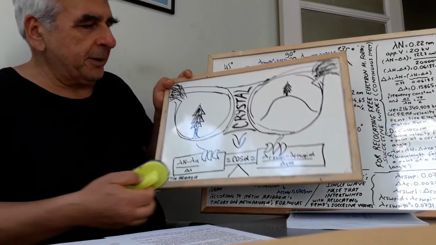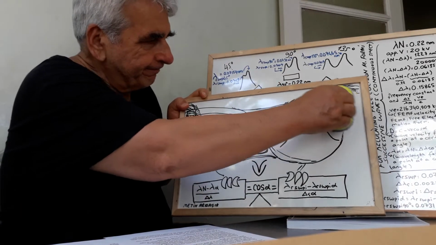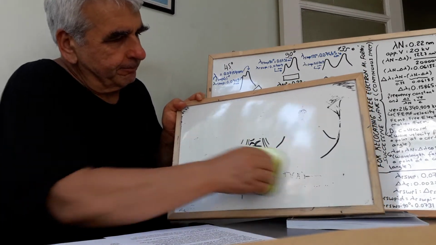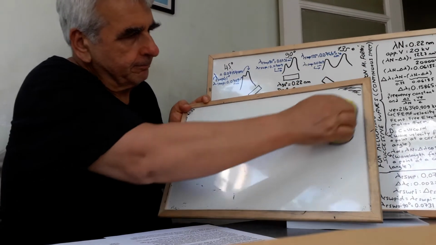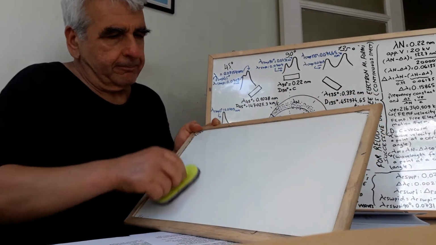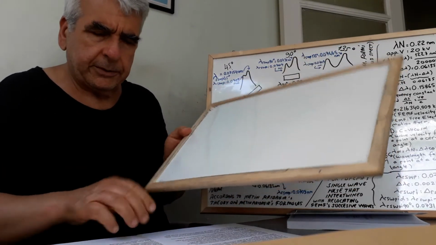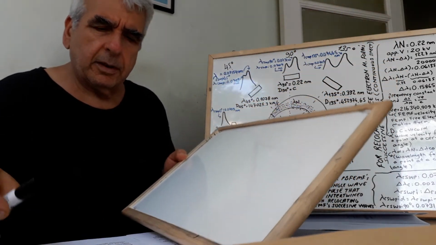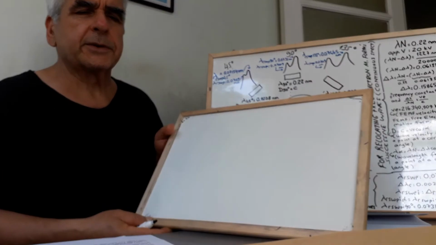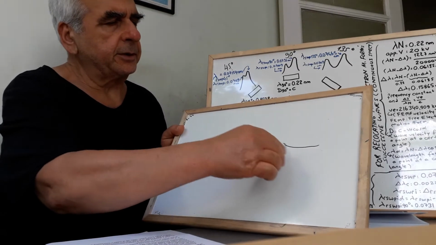I'm so sorry, my sketch, I must erase you. Could characteristic X-rays be here in the continuous spectrum?